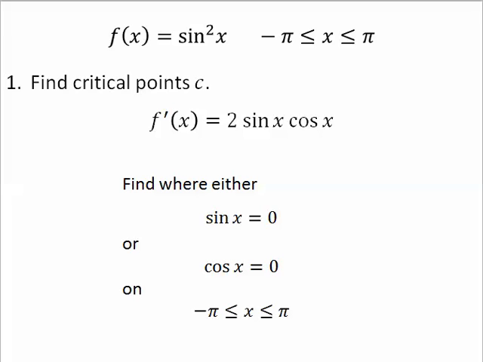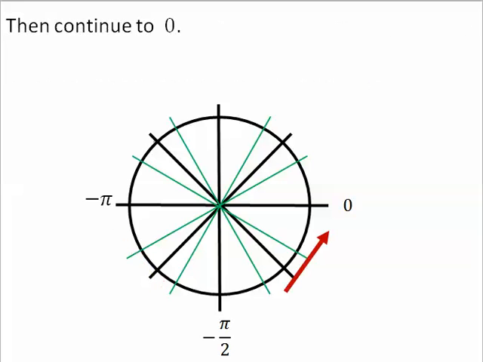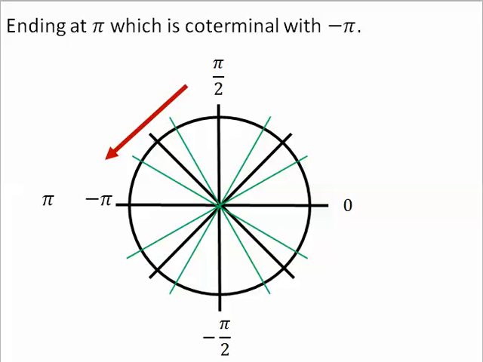I'd like to remind you of how to use the unit circle for this interval. If you're starting at negative pi and moving in a positive direction, that means you're going counterclockwise. And so you just keep going around the circle until you get to pi. Now notice that negative pi and pi are coterminal.